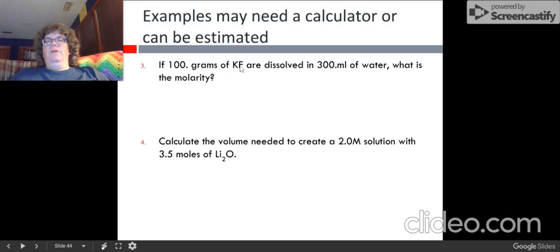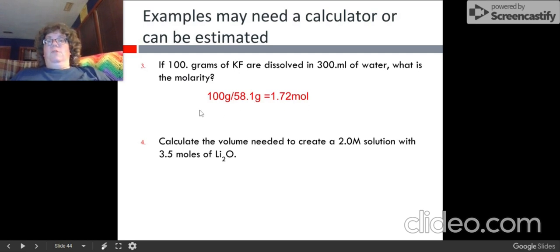Pull out your periodic table, and we see that in 1 mole of potassium fluoride, there's 58.1 grams. So that's grams per mole. 100 grams divided by 58.1 grams equals 1.72 moles. So these 100 grams of potassium fluoride equal 1.72 moles.